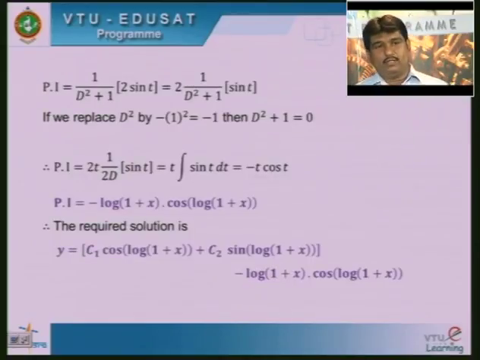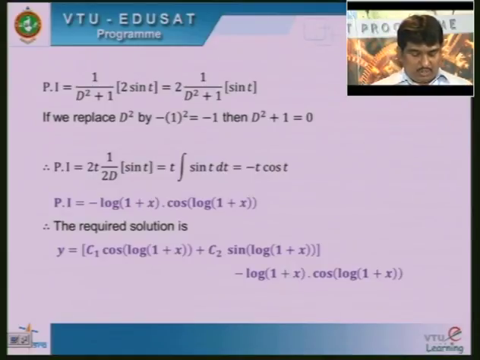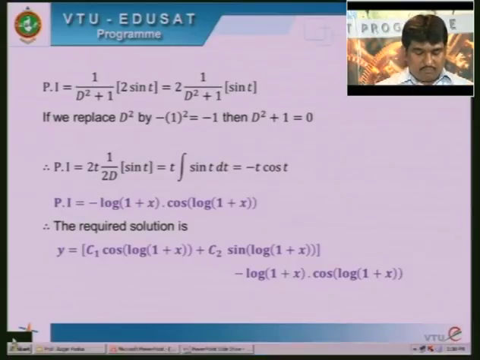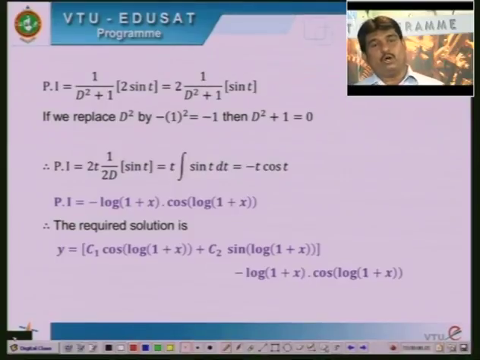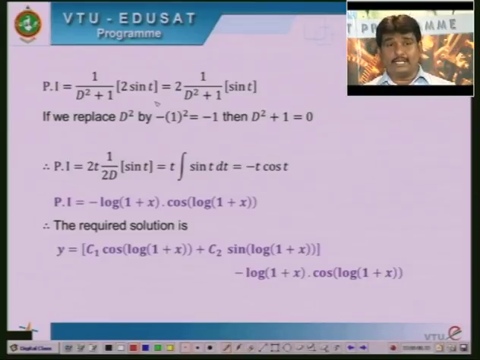Now PI. PI is 1 divided by D square plus 1 operated on 2 sin t. 2 is a constant, take it out. 2 into 1 by D square plus 1 operated on sin t. This is of the form sine of ax plus b, and it is type 2.